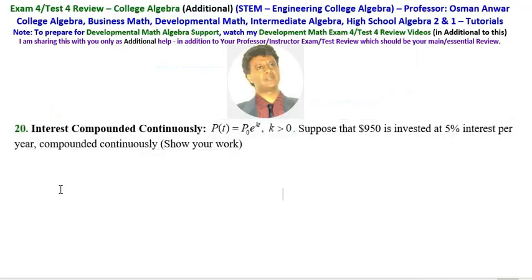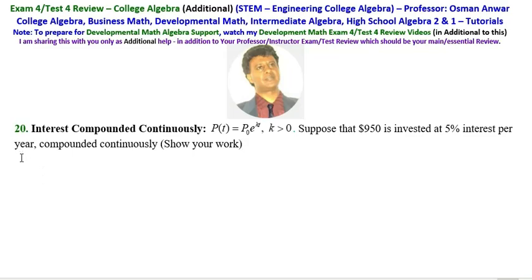Number 20 is interest compounded continuously, which is P of t equals P naught e to the kt, where k is greater than 0. Suppose that 950 is invested at 5% interest per year compounded continuously. So this is the same as population growth.